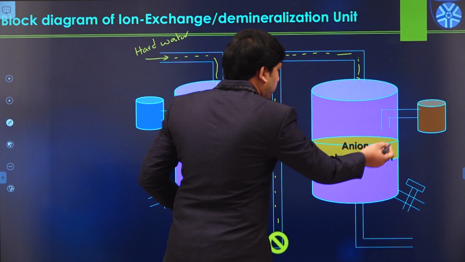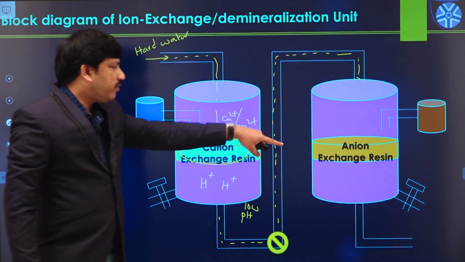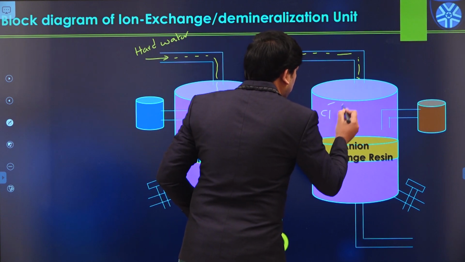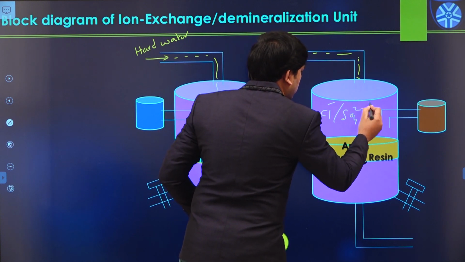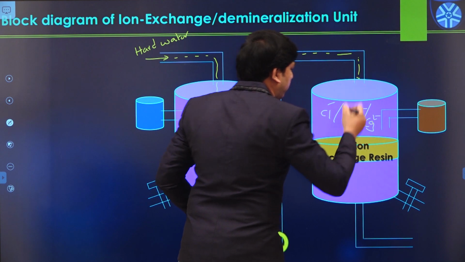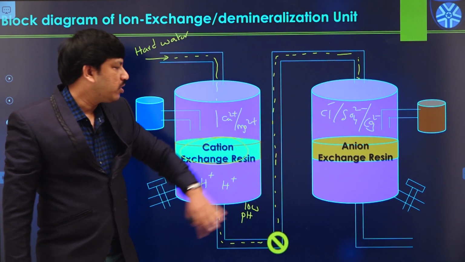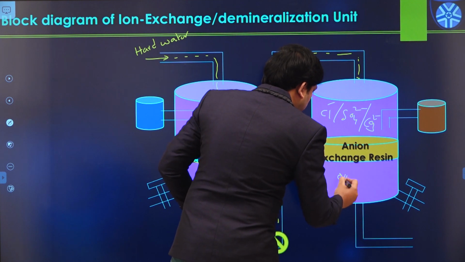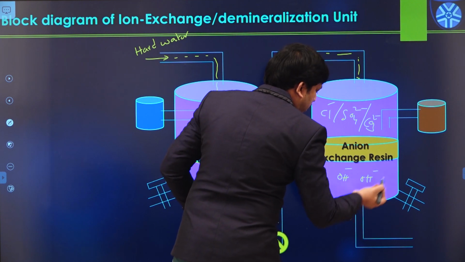So in the second chamber, what is there? In the second chamber we have anion exchange resin. So here all types of anions like Cl minus or SO4 2 minus or CO3 2 minus, whatever it is, all anions are removed, absorbed by this anion exchange resin. The remaining water contains only OH minus ions, other anions like this.